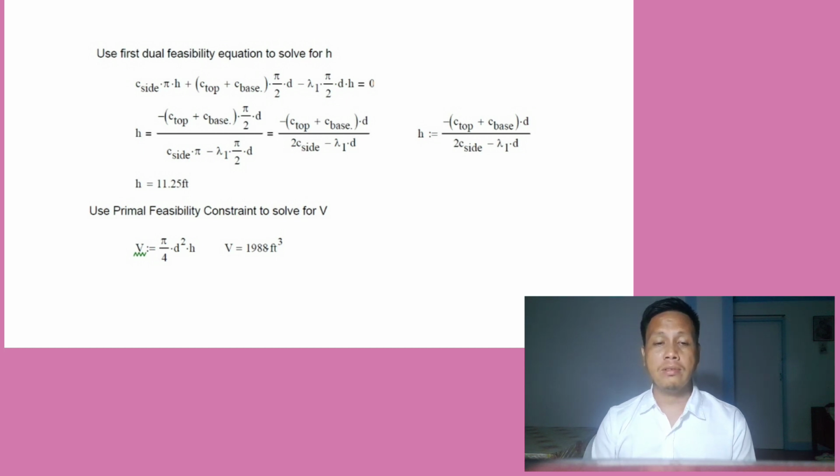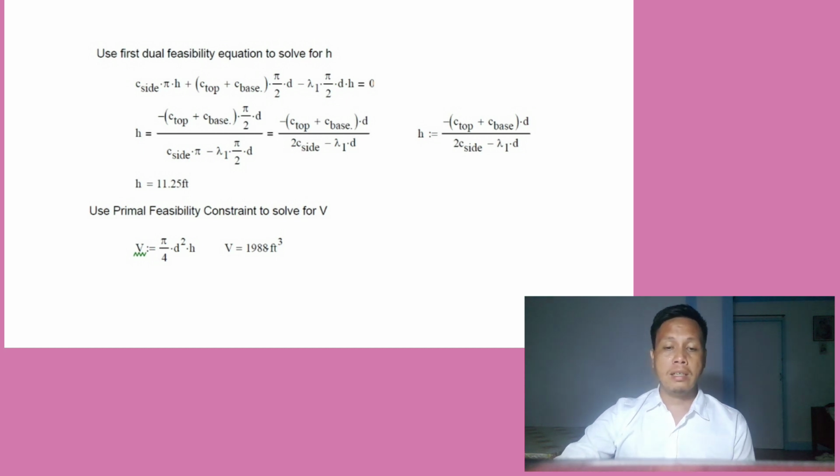So we use the primal feasibility constraint to solve for the volume. Volume is equal to pi over 4 d squared times height, which is the volume of a cylinder. So volume now is 1988 cubic feet.